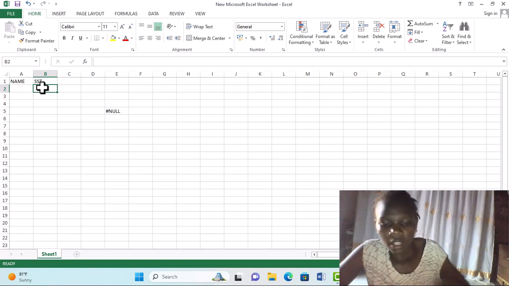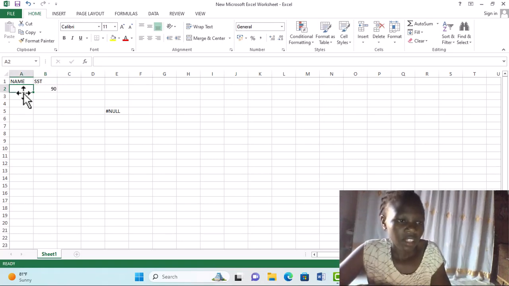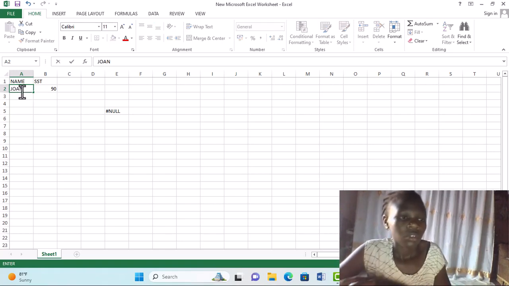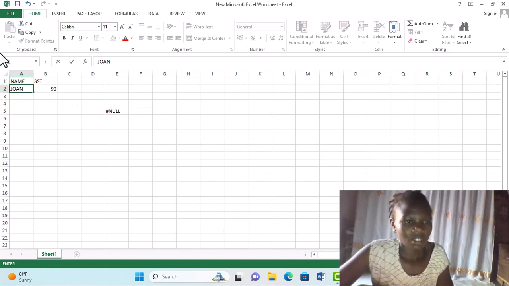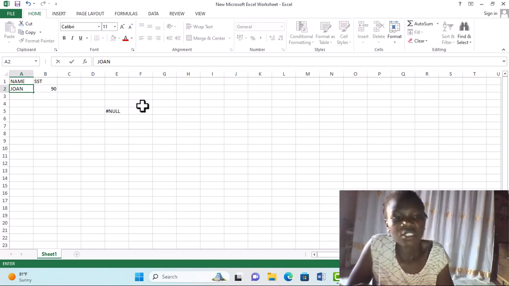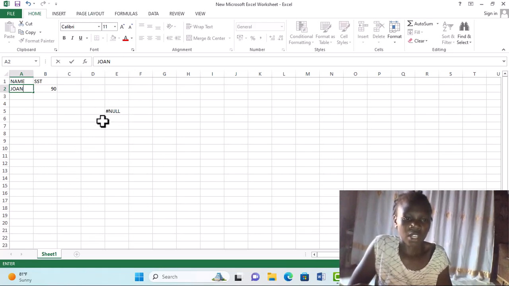Let me assume here there is 90, then here there is a name John. What hash null means is you cannot write a formula like John times the number of marks she got. John times 90 cannot give you an answer. That is why they bring for you hash null. You cannot multiply names by values. You multiply values by values and names by names. So let me hope you're getting what I'm saying.